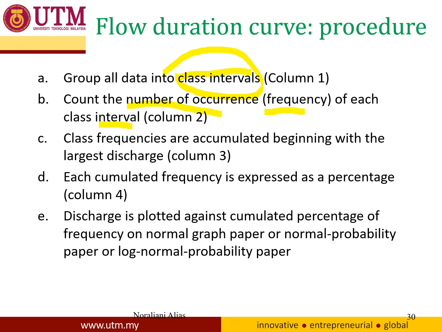Then you accumulate the frequencies beginning with the largest discharge, and express them as a percentage. Then you plot the accumulated percentage on a normal graph, or on probability or log-normal paper. But now we have Excel, so you can just do it in Excel.